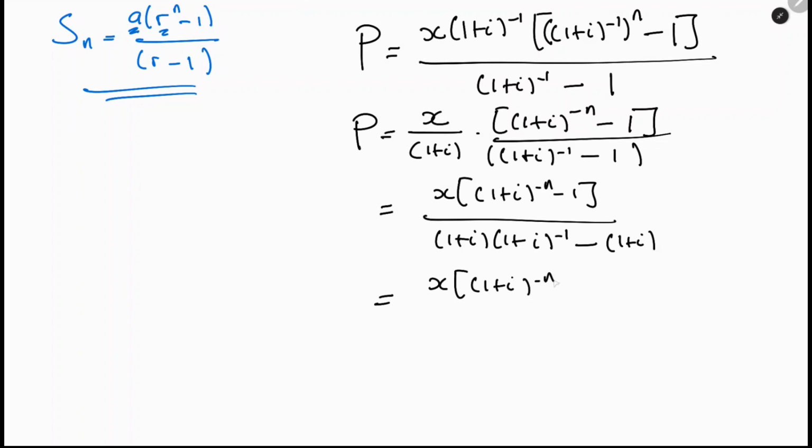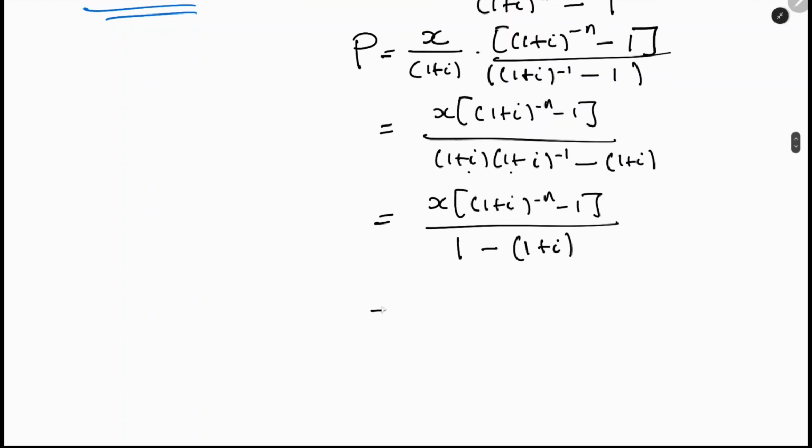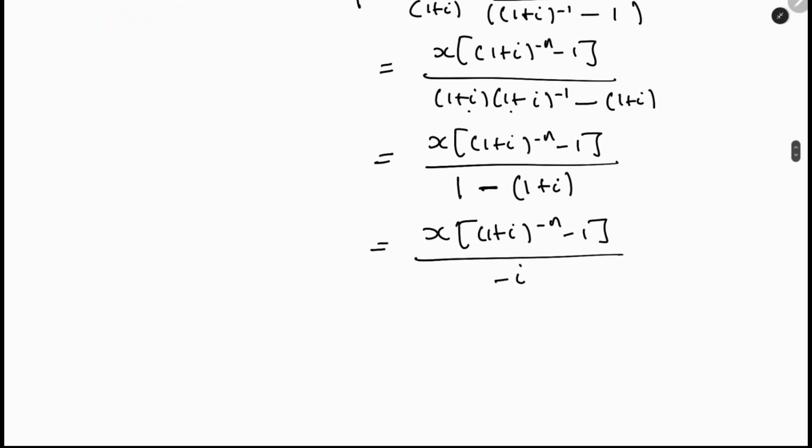This multiplied by that just equals 1, minus (1 + i). So that denominator can be simplified even more, right? I've got (1 + i)^(-n) at the top. The denominator simplifies to, well, 1 minus 1 cancels, and then it's left with minus i. So that looks a lot nicer, but I just don't like the look of this minus here.